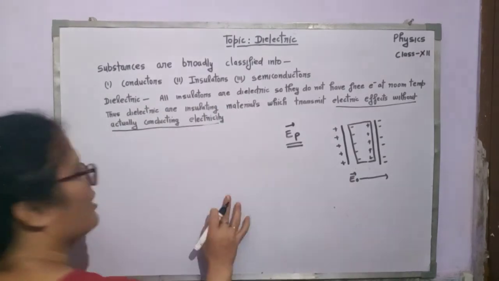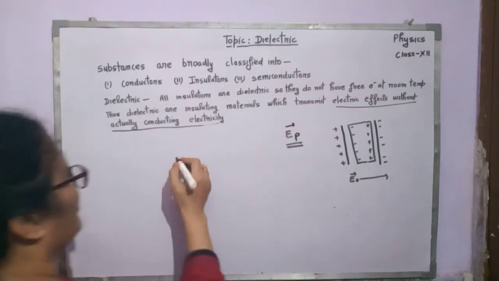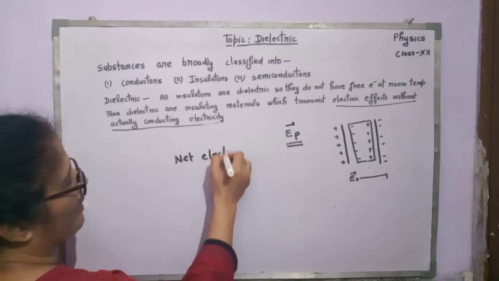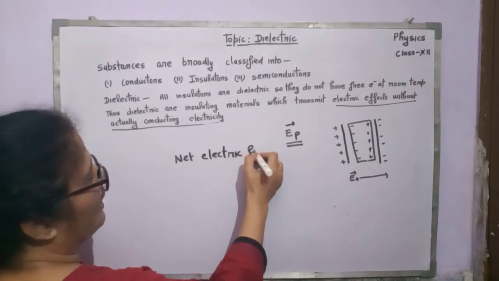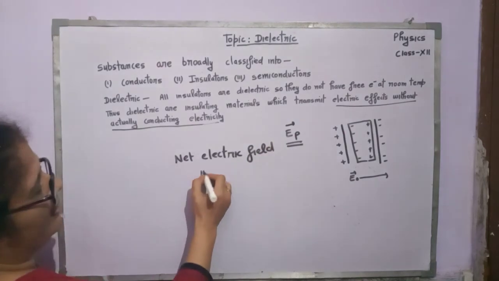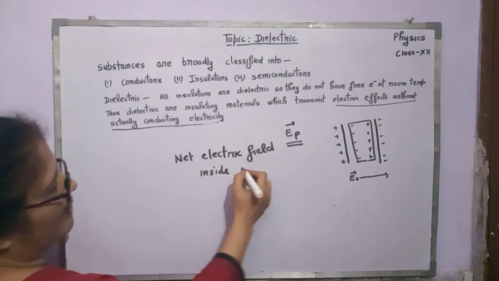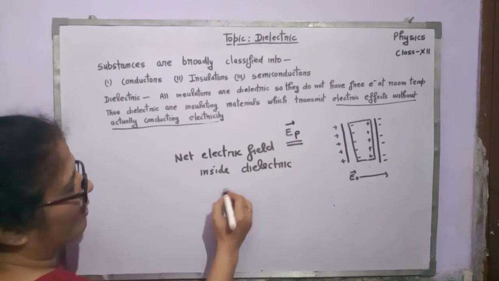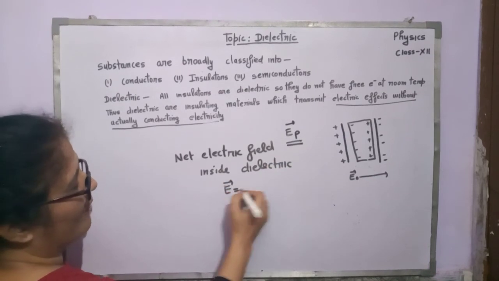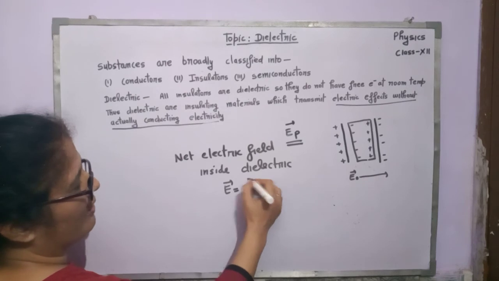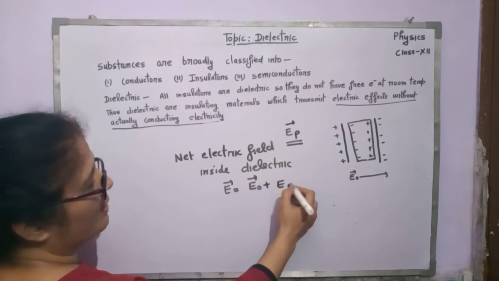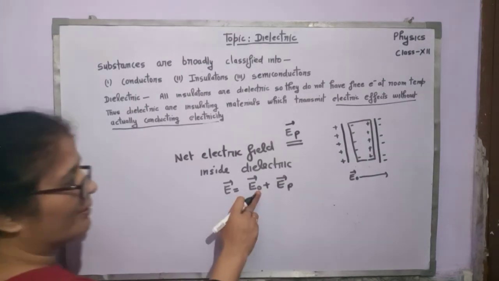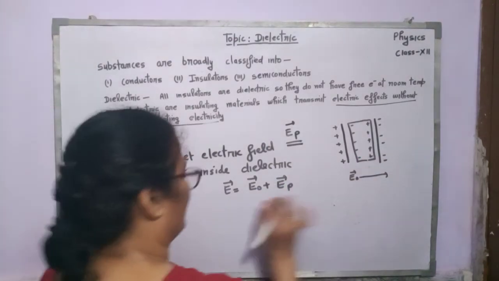Now, what is the net value of the electric field inside the dielectric? Both are vector quantities. The net is the vector sum of these two quantities, E naught plus E P vector. Naught shows that there is no medium, there is air.